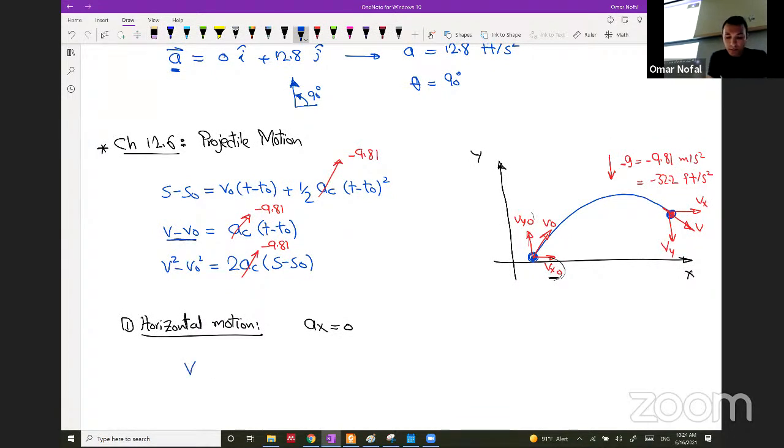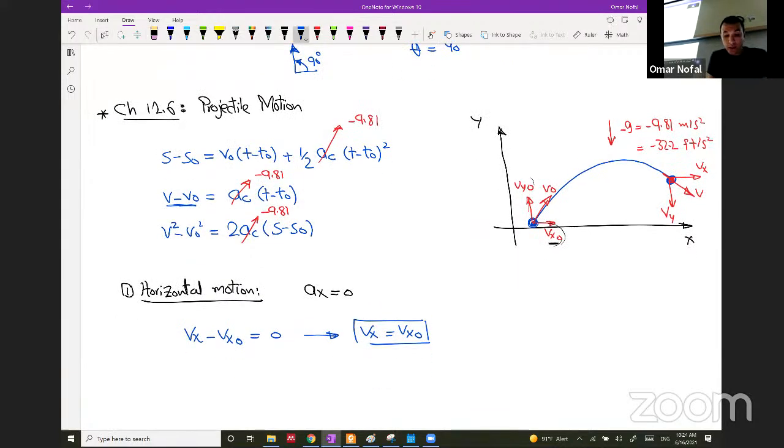Vx minus Vx node will be equal to, the acceleration is 0, so all this term will be 0. This means that Vx equals Vx node. And if you substitute in this, the acceleration will be 0, that means that V square equals V node square, Vx square equals Vx node square.